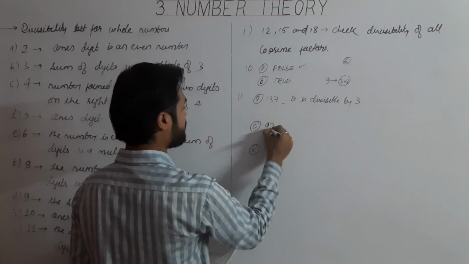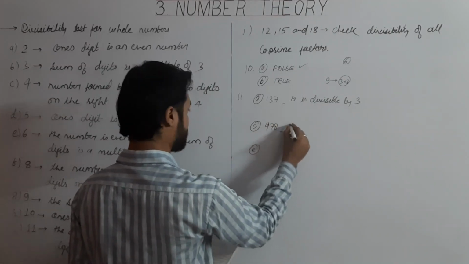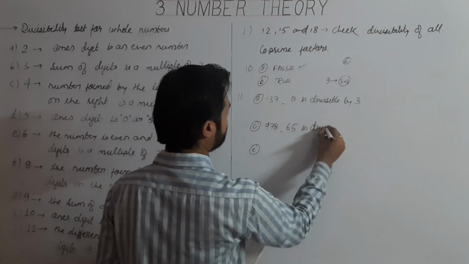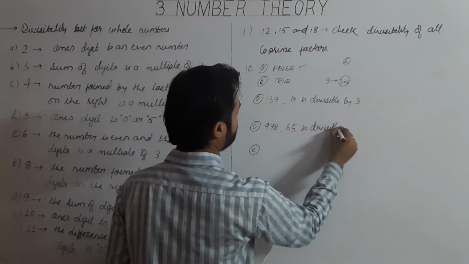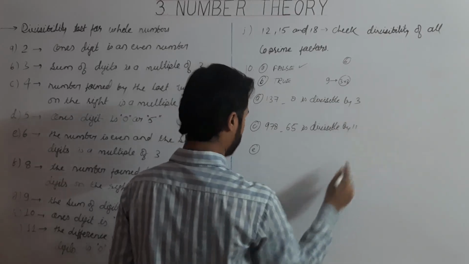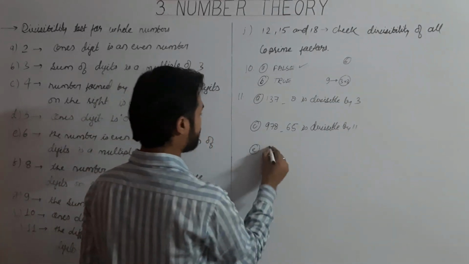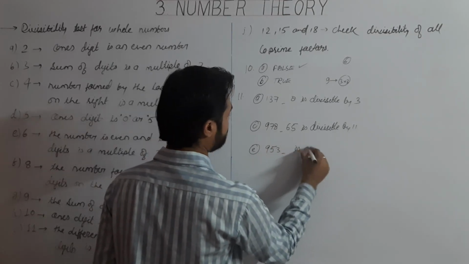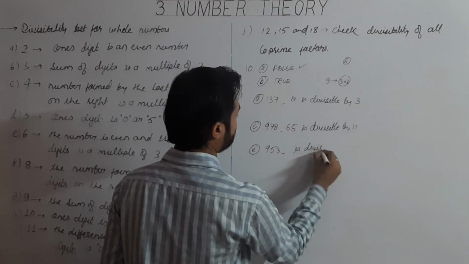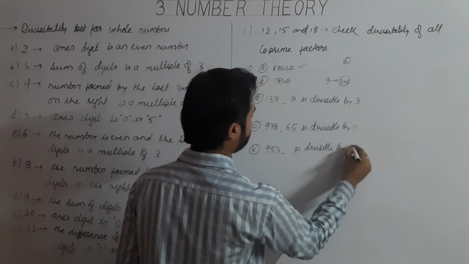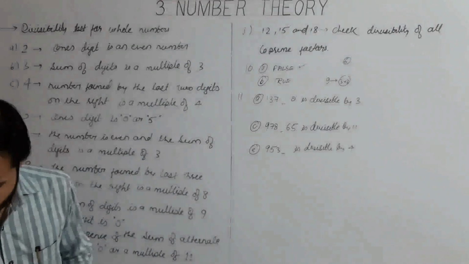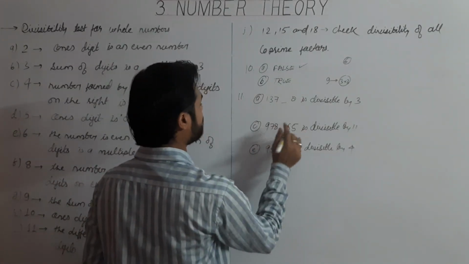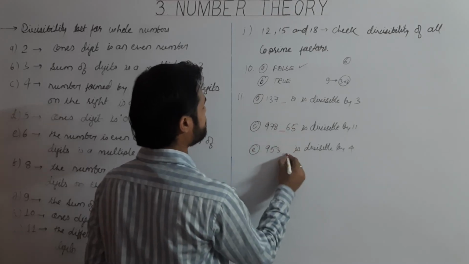See, 978, missing number, and 65 is divisible by 11, and 953, missing number, is divisible by 4. So this is the missing number, and last digit is missing.